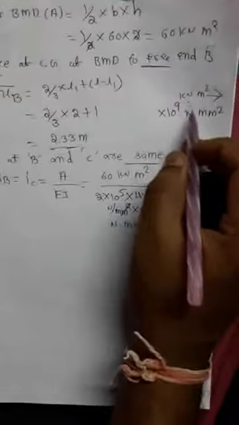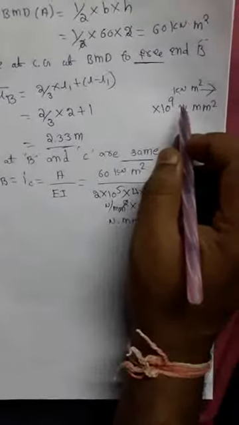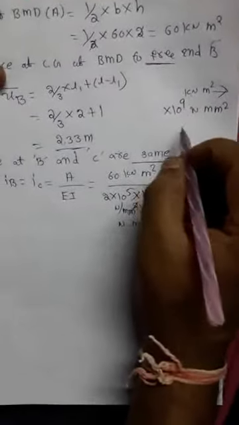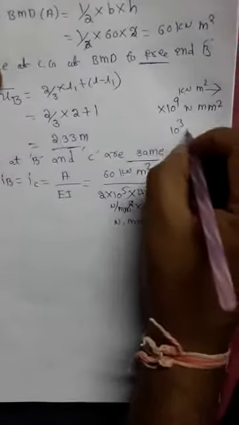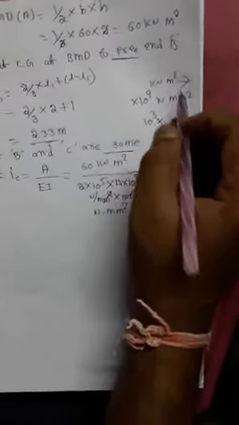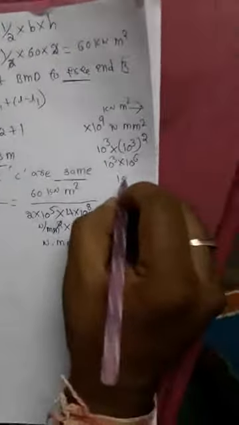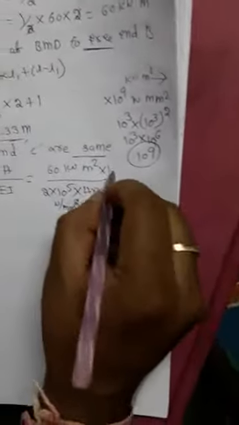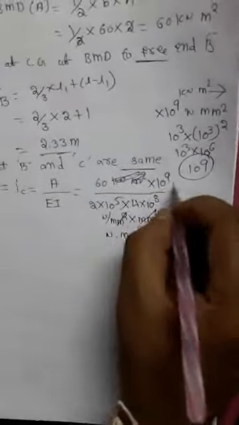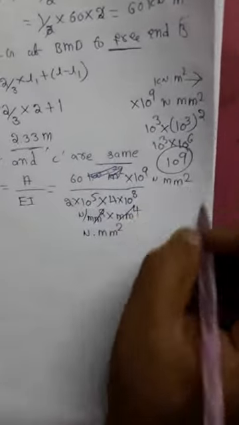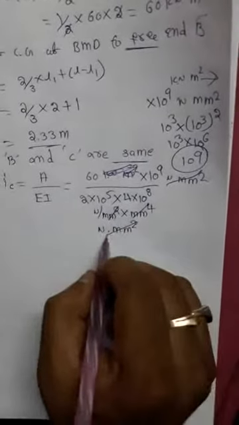Why? Kilonewton to Newton is a multiplication by 10 to the power of 3, and meter square to mm square is 10 to the power of 3 whole square, so 10 to the power of 6. So 10 to the power of 3 into 10 to the power of 6 is 10 to the power of 9. So it changes into Newton mm square, and the Newton mm square cancel.